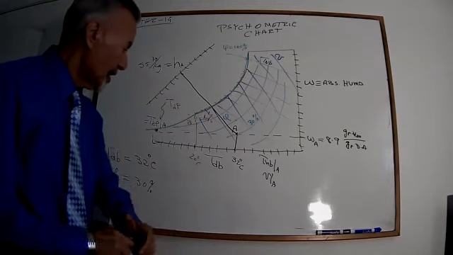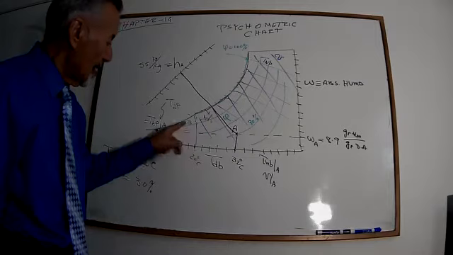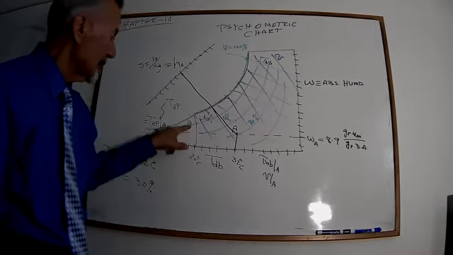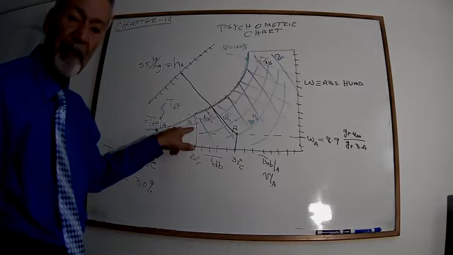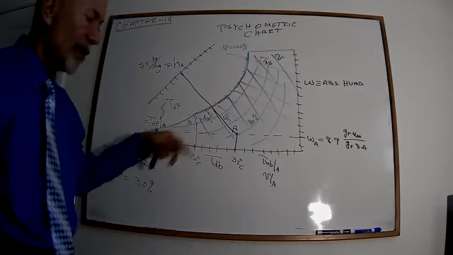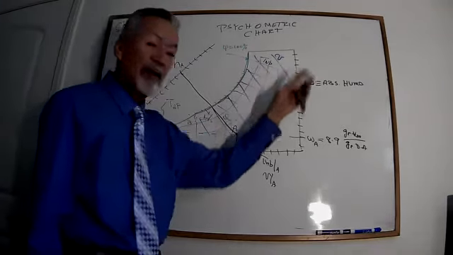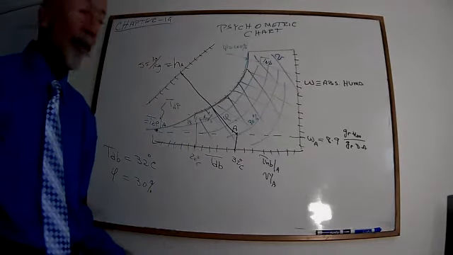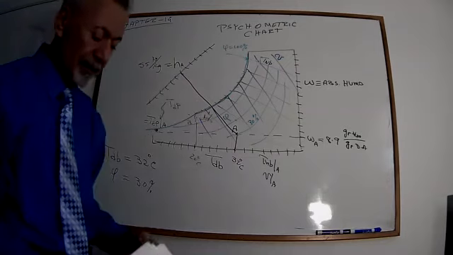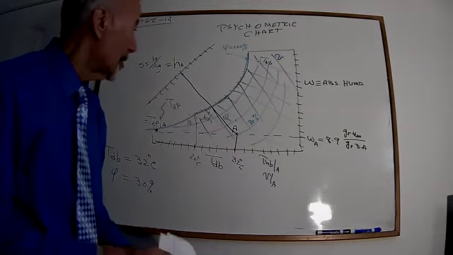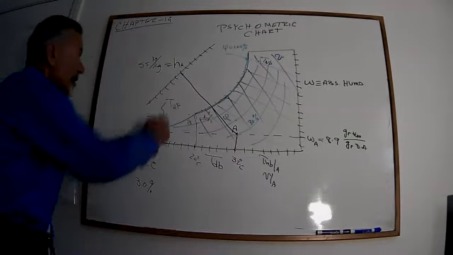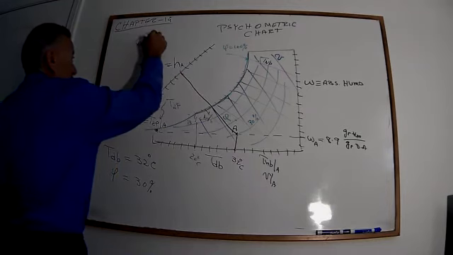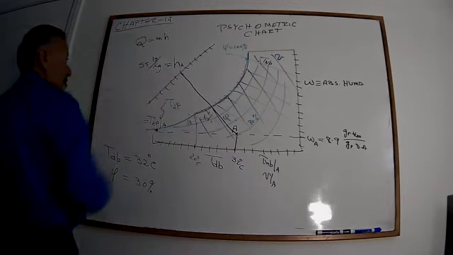So that's what I want. Once I find point B, I can find all the other parameters related to point B. And that's how I can determine how much volume of air I need to put into it, and how much energy. The energy that I need to put in is equal to what? Mass times enthalpy.